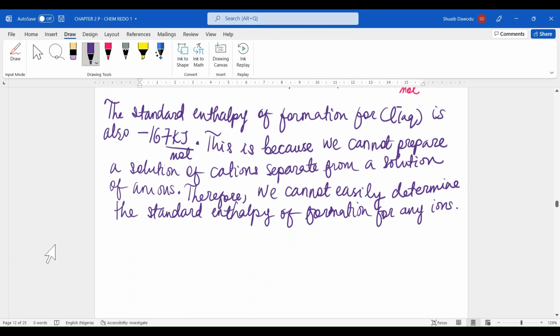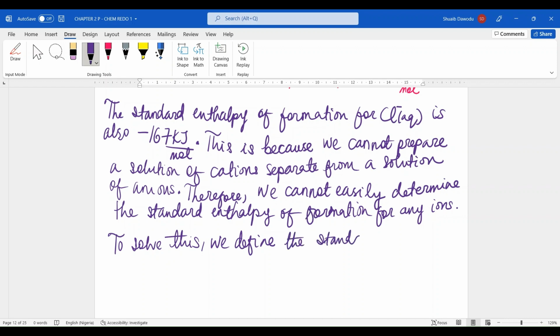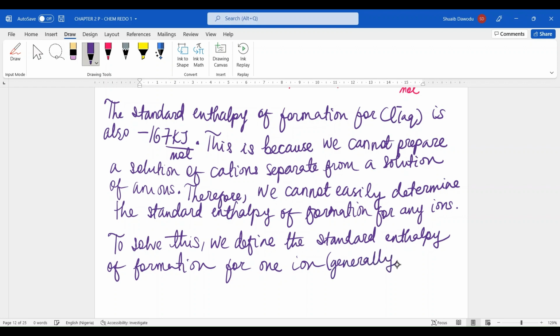To solve this issue, we define the standard enthalpy of formation for one ion, generally the hydrogen ion, to become 0.